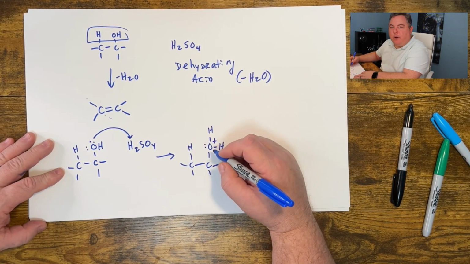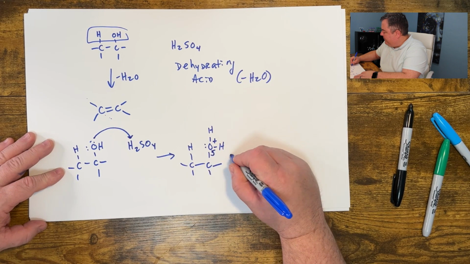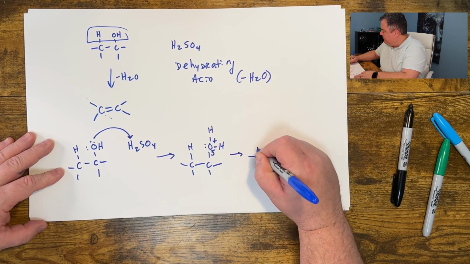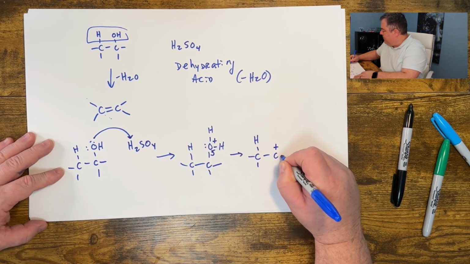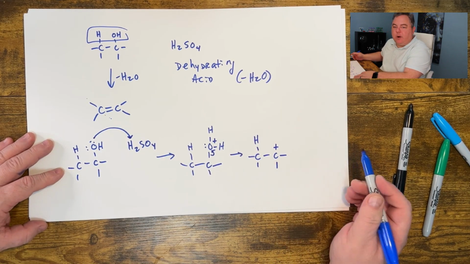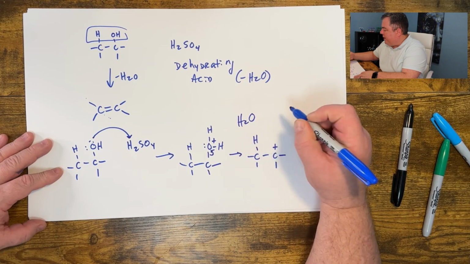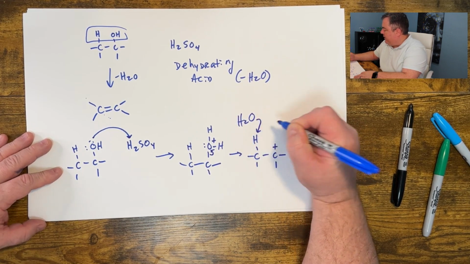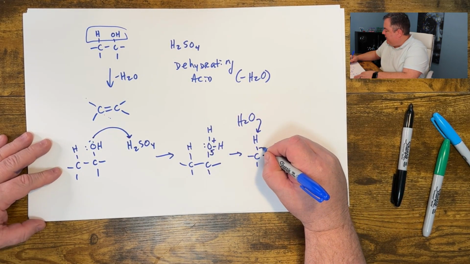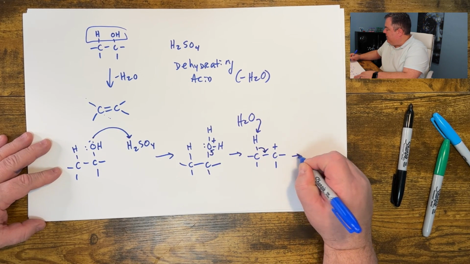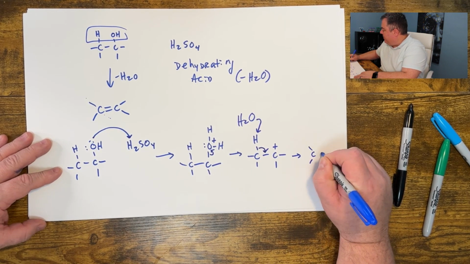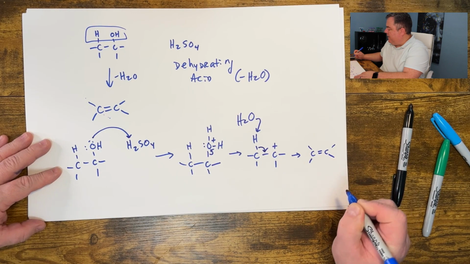We have this great water leaving group. It can leave to make this carbocation. And our sulfuric acid has some water in it. And that water can come and grab this H+, leave these electrons in to make my double bond, my alkene.